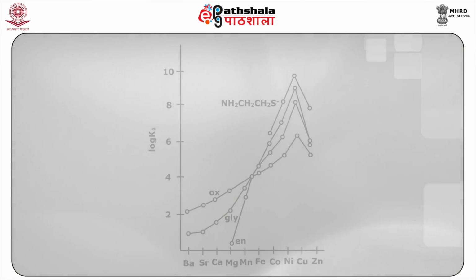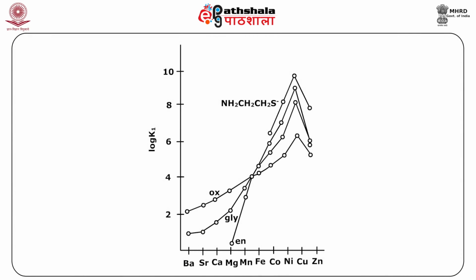The axial positions are weakly bound, which is responsible for higher lability of the complex. You can see the graph which shows the variation of formation constant for M2+ ions of the Irving-Williams series.